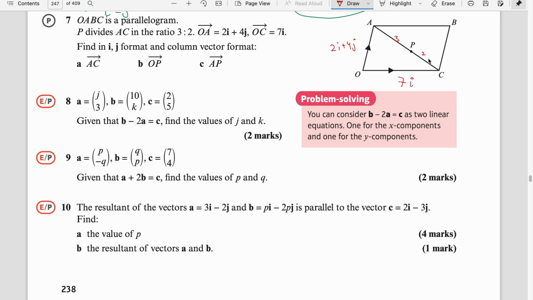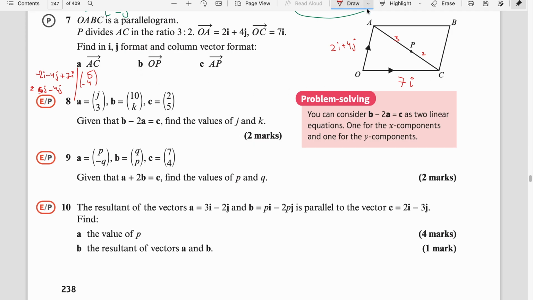So we start from A, we end at C. We are going in the reverse direction, so the signs of 2i and 4j will change. So this is minus 2i minus 4j and plus 7i. So simplifying, this is 5i minus 4j, and in column vector form this becomes (5, -4).